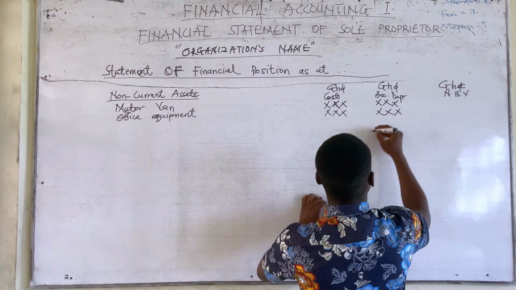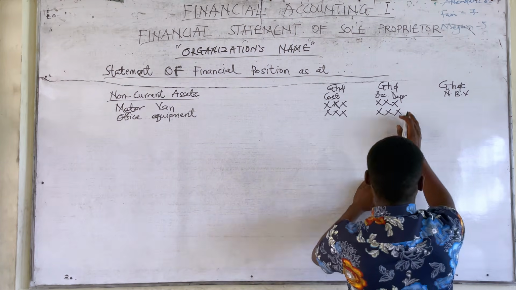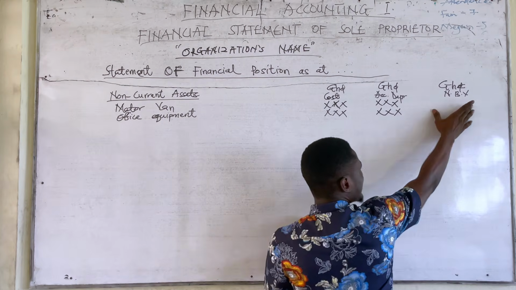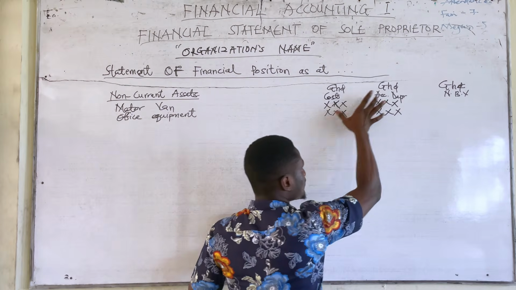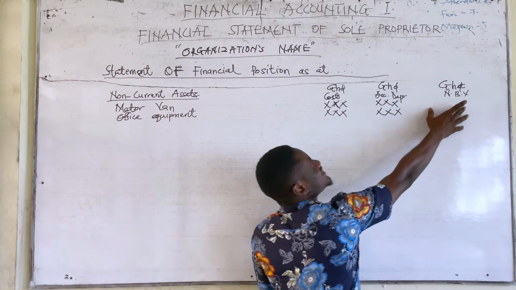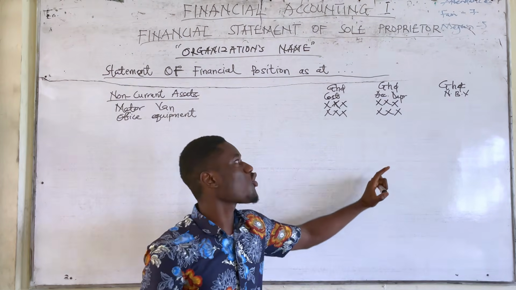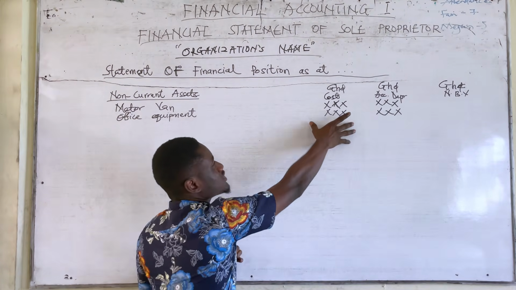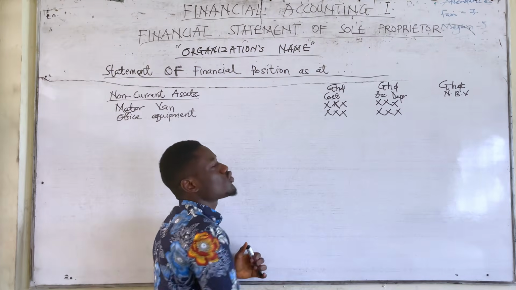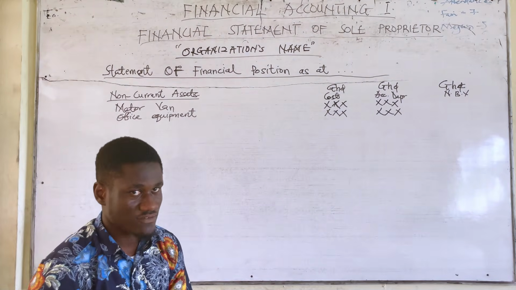So let's assume all these assets had depreciation. To get the net book value, you are going to subtract the depreciation from the cost to get the new cost. That is what we call the net book value. Do you get it? First of all, this is our old cost. So let's say we are in 2024 right now.